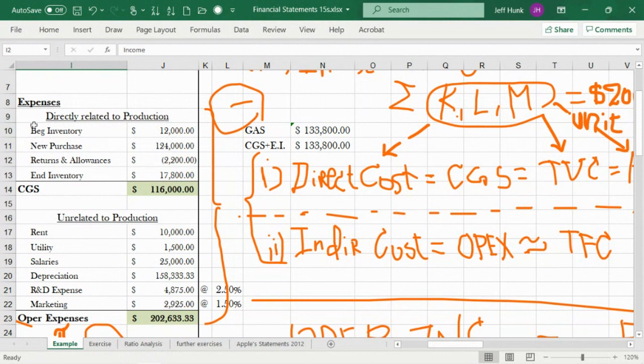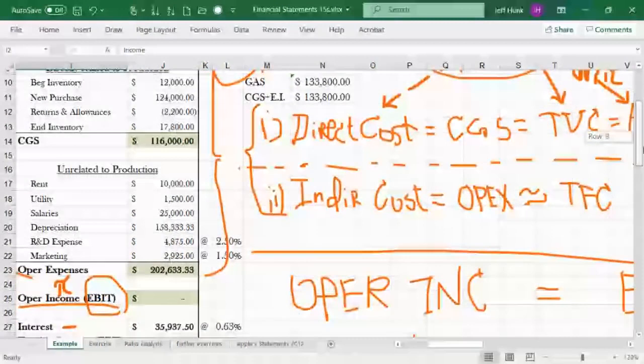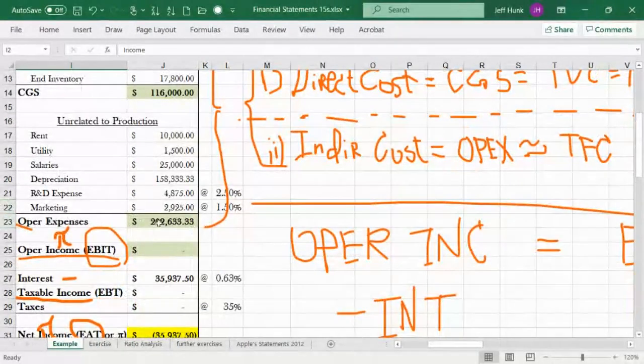So in retail's case, they will only express the CGS by the inventory. I'm going to come back to that later. But anyway, we have identified the CGS. We have identified the OPEX, operating expenses.